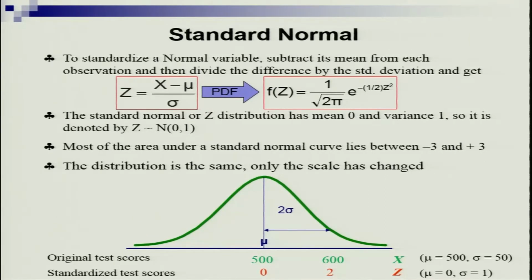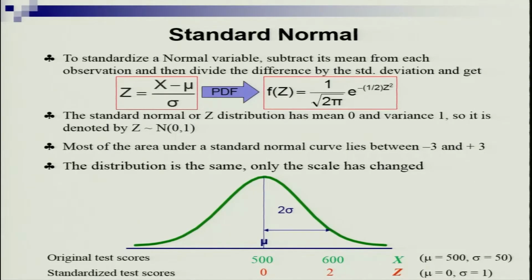Okay, so that is a little bit simple compared to the normal case. Actually, this formula of PDF is derived from the normal PDF only, and note that in some textbooks you will find that they represent this PDF of standard normal as small phi, the Greek letter.